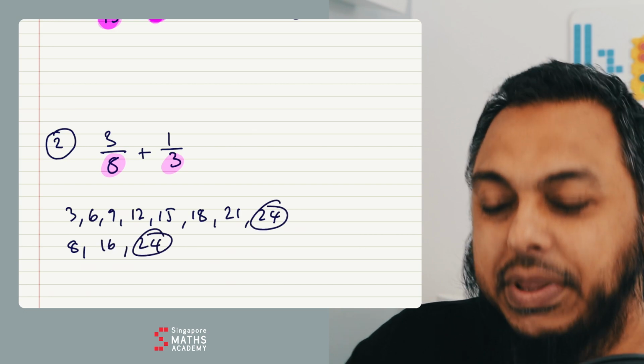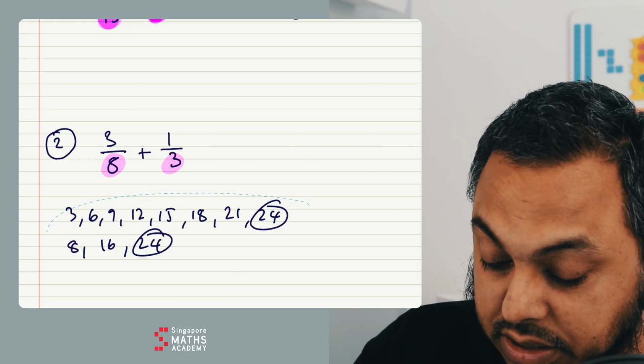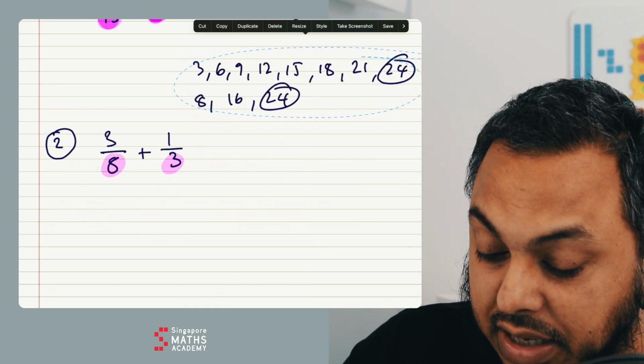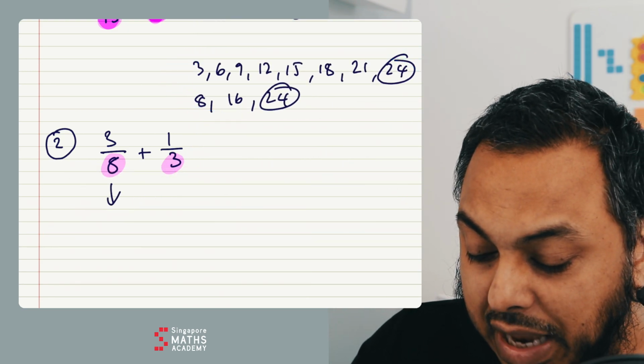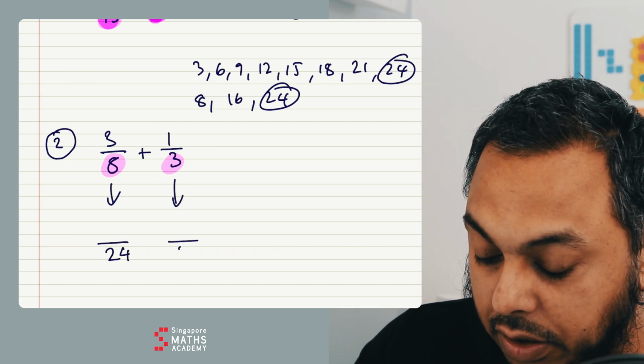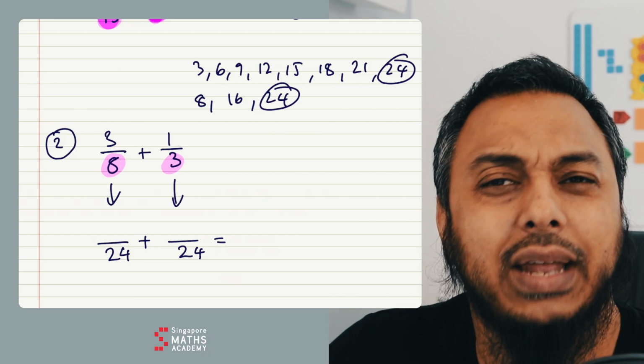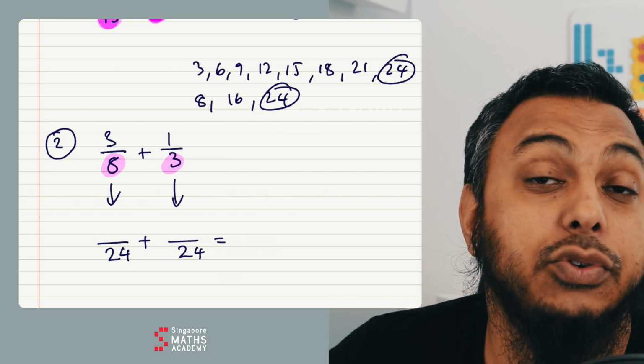The first number that appears in both the 8 and 3 times table is 24. And so if I put this aside, then 3/8 and 1/3 can be written as something over 24. Can you think about what that's going to be? Can you work that out for me? Maybe you want to pause the video and try it out.